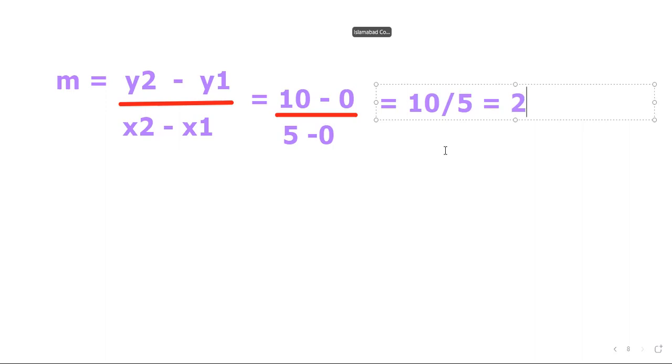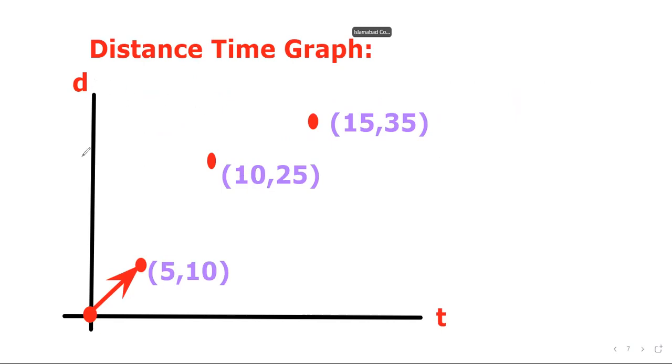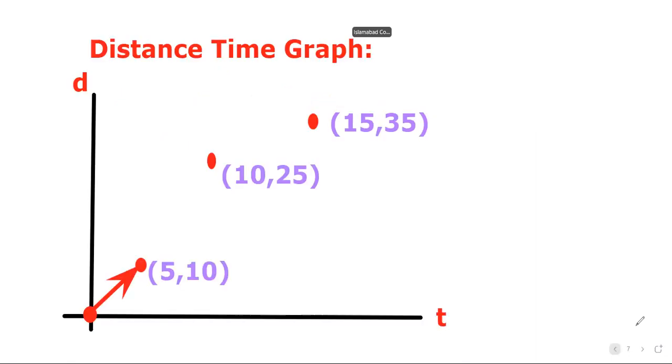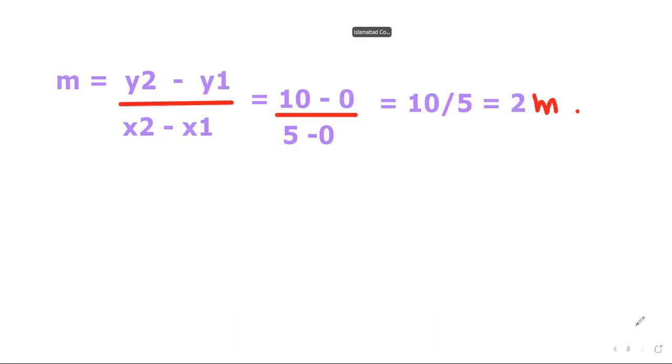Okay, so you can see on the y-axis we have distance. So y2 minus y1 is actually distance, and the unit of distance is meters. On the x-axis we have time, so x2 minus x1 is actually time, and the unit of time is seconds.